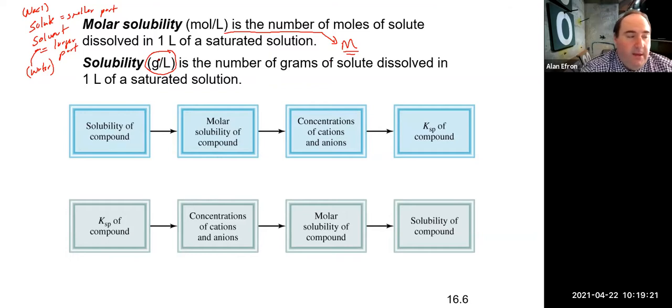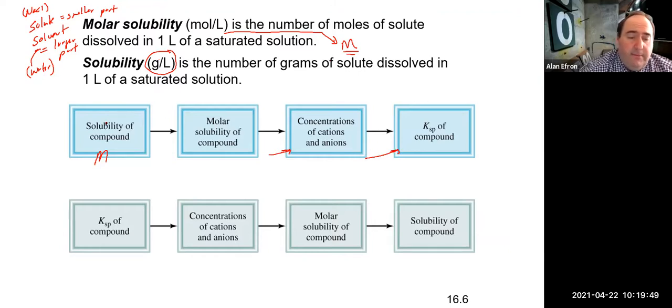To be honest with you, in Ksp problems there are really two paths you can take. One path is the top one here. They sometimes give you the molar solubility, and from that you can find the concentration of each of the ions. You then can stick those into the Ksp expression and solve for the Ksp.